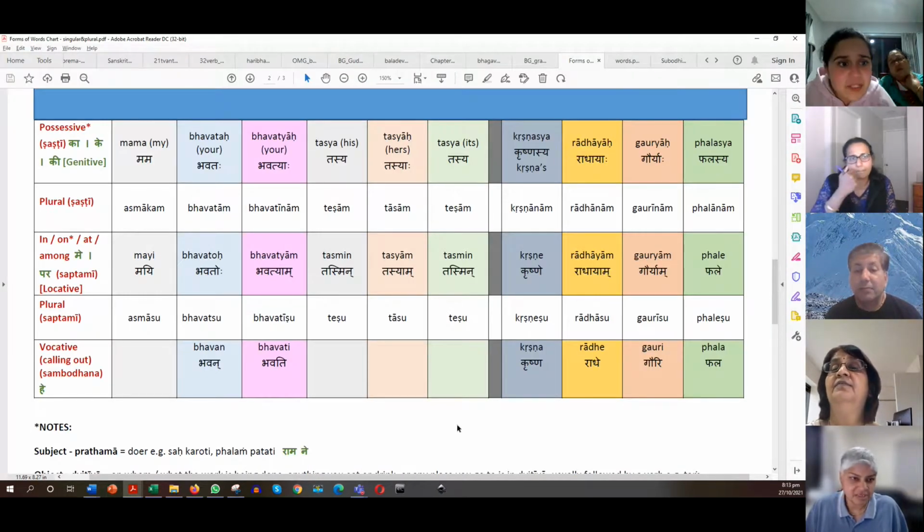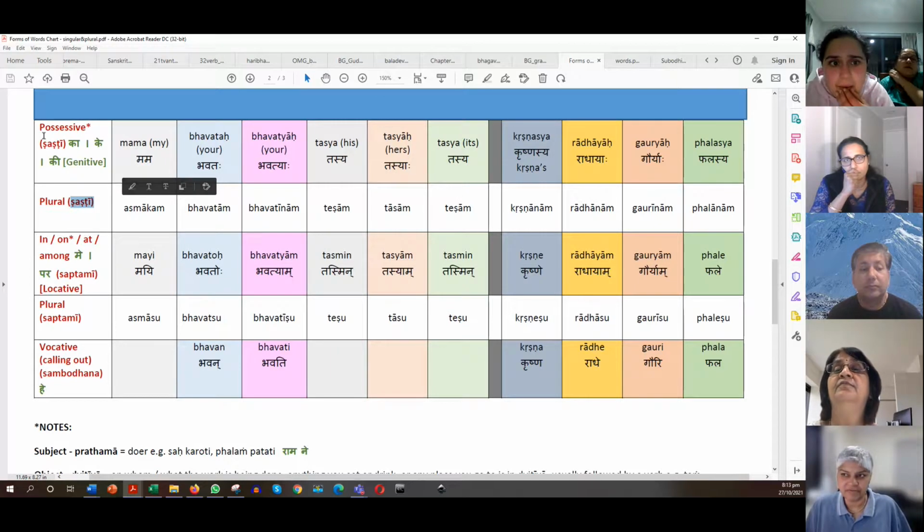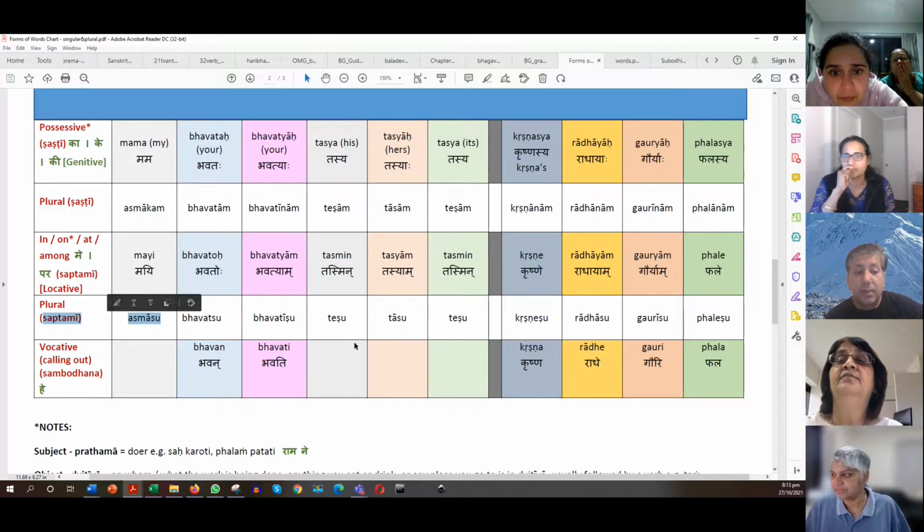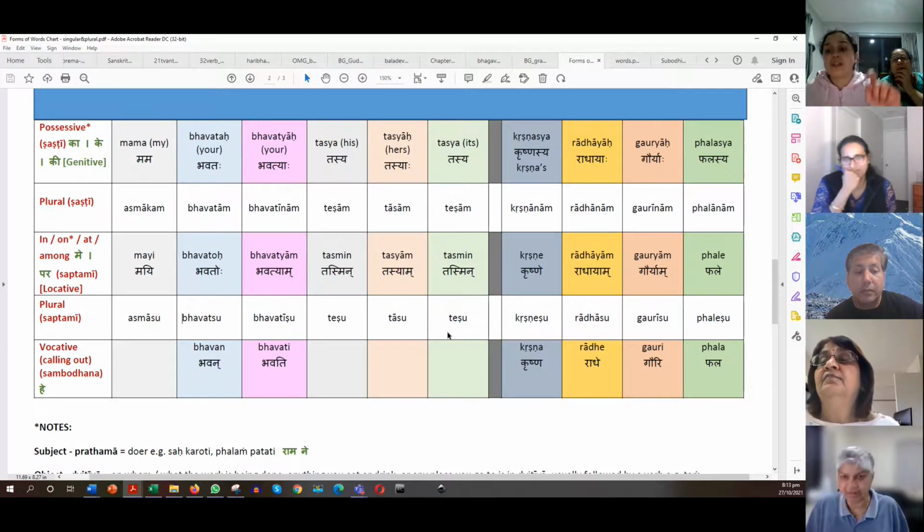Vrikshanam, Mataji. If I'm looking at the table, at the plural. Then you are looking at Shashti, aren't you? Shashti is possessive. We want locative, on. That should be Saptami vibhakti. Vriksheshu. Very good.